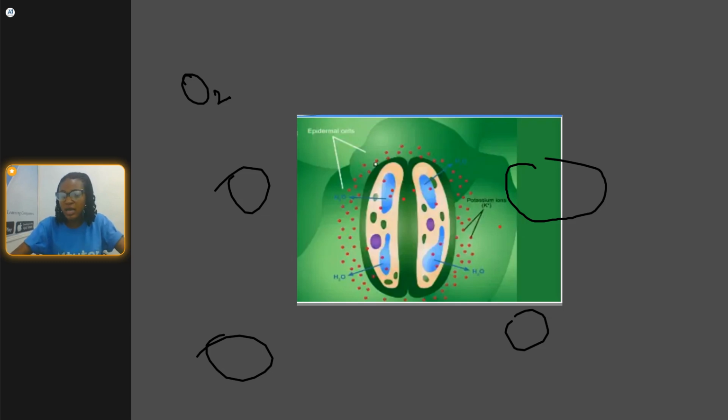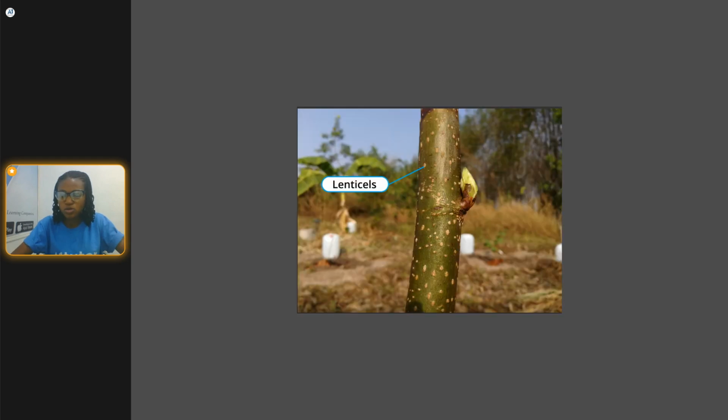So the second excretory structure in plants is the lenticels. That is the second excretory structure in plants, the lenticel. I hope you are familiar with something like this. When you see a tree and you see the body of the tree this way, you can see the stem.